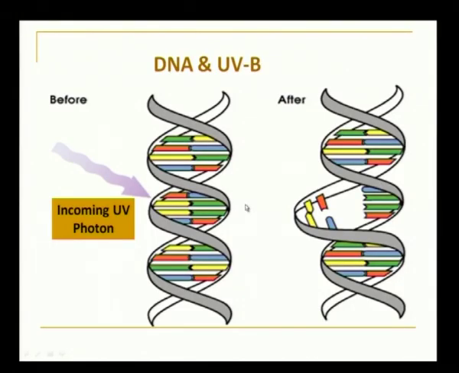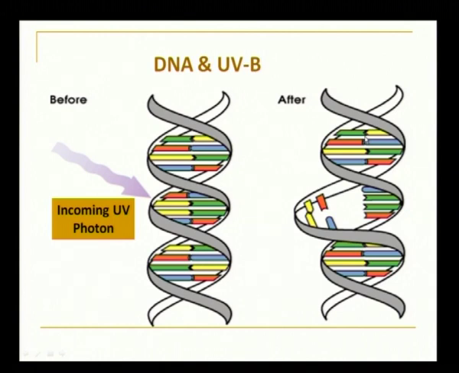See, you look at the diagram, the incoming ultraviolet radiation, that means the incoming photon, and here is the natural DNA, and here after the ultraviolet radiation, see some of the genes are broken, and if the radiation is severe, what will happen? Sometimes these genes may die also, and therefore what will happen?